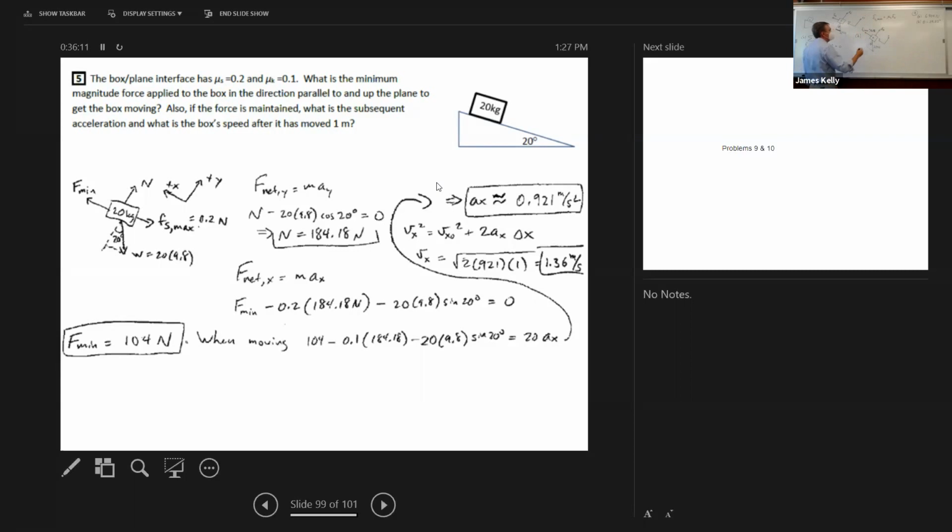If I try the sum of the force x components equals MAX, it's going to involve theta. Maybe I could just solve for it. Well, that would be the mu static times the normal force. What was mu static here? 0.45. 0.45 times the normal force.